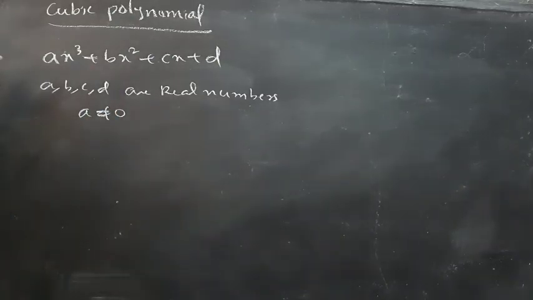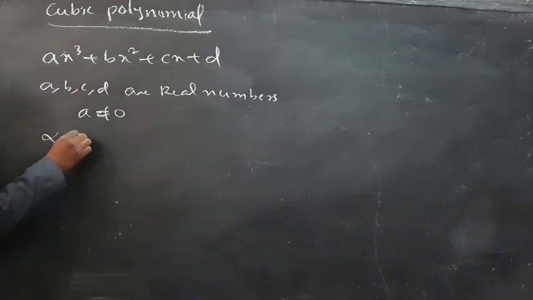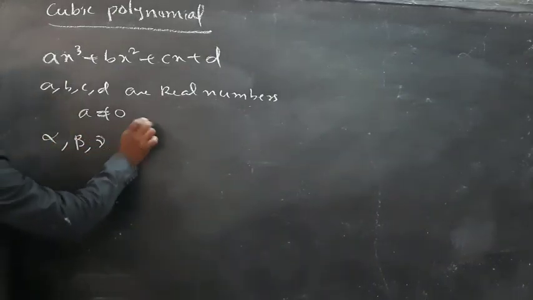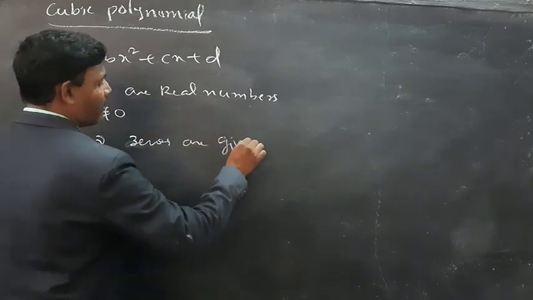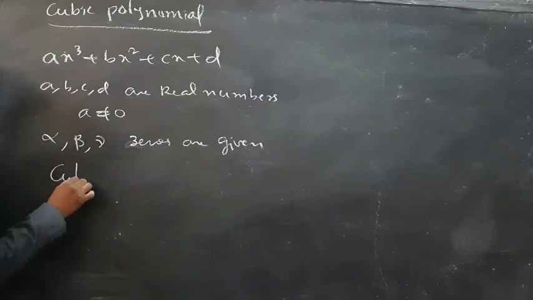What is the degree of this polynomial? 3. So it has 3 zeros. I am taking alpha, beta, gamma as the zeros of the given cubic polynomial.